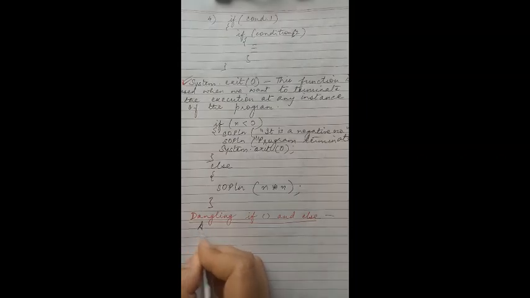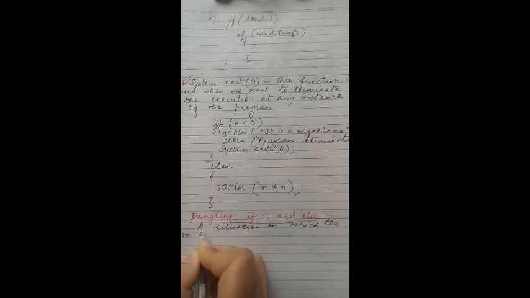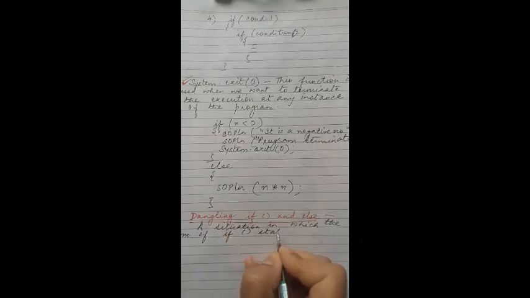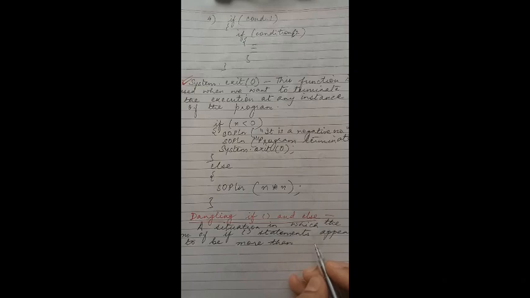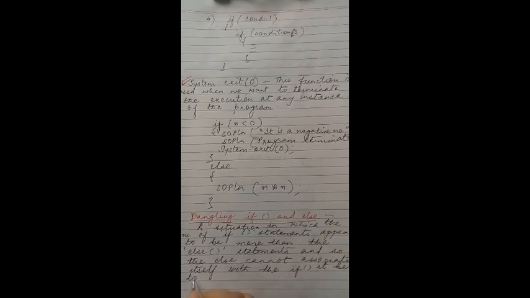A situation in which the number of if statements appear to be more than the else statements, and so the else cannot associate itself with the if it belongs to, is known as dangling if and else.